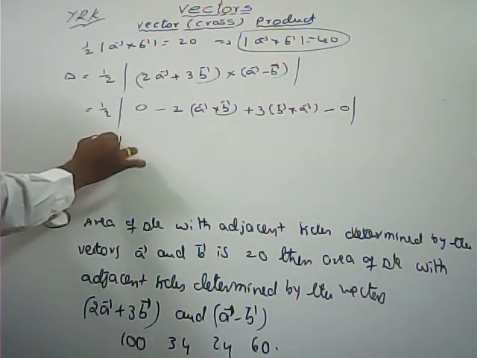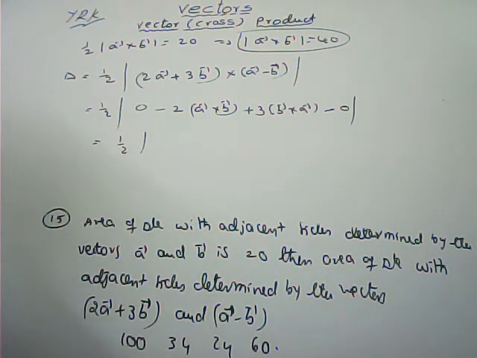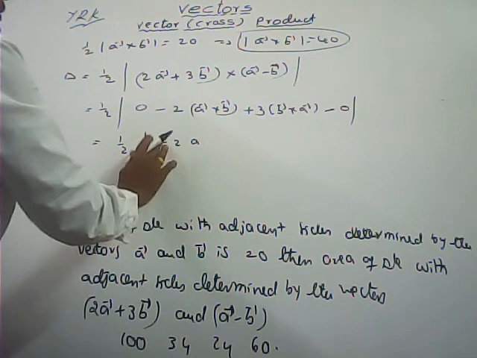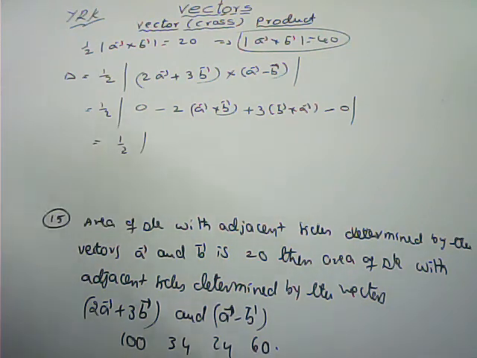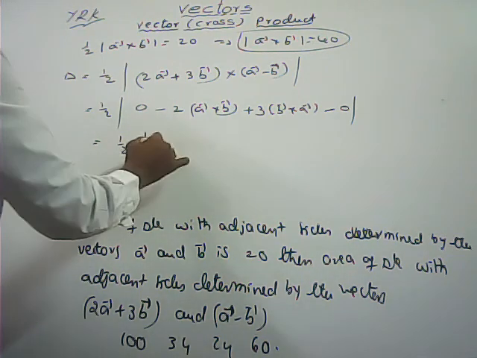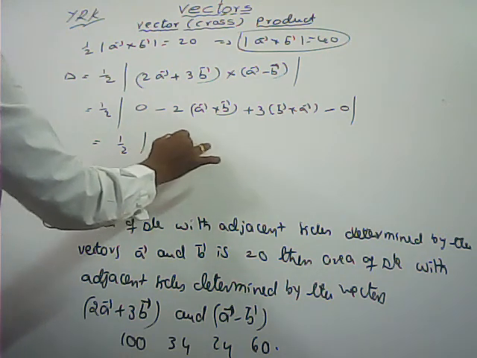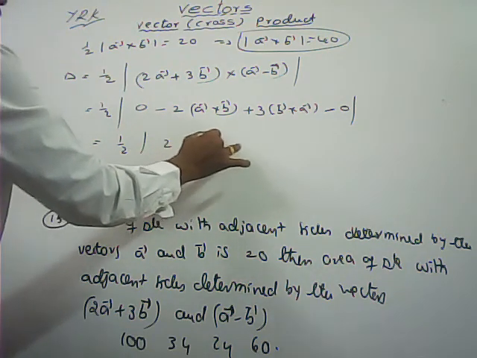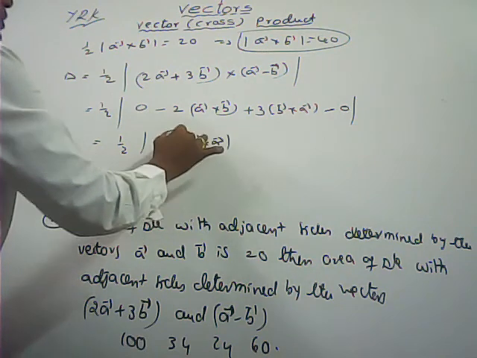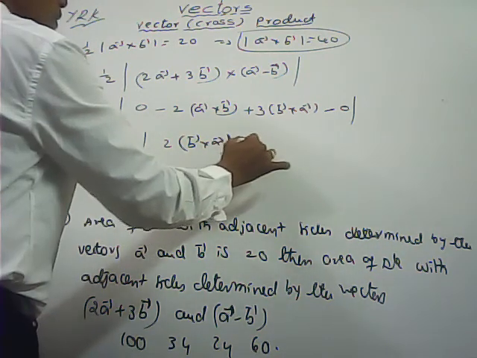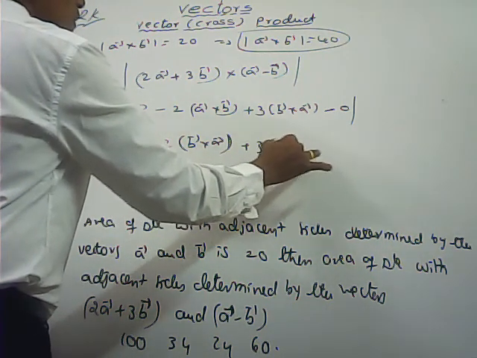So that is equal to half into modulus of minus 2 a bar cross b bar, which we can write as 2 into b bar cross a bar, since a bar cross b bar equals minus b bar cross a bar, plus 3 b bar cross a bar.